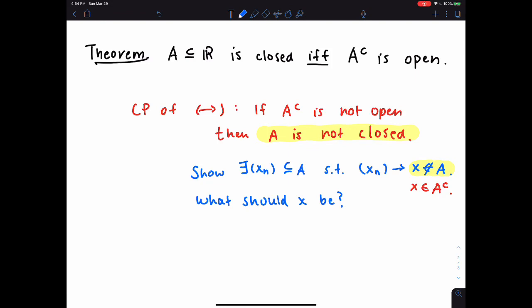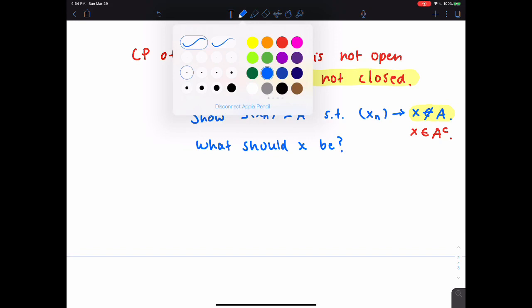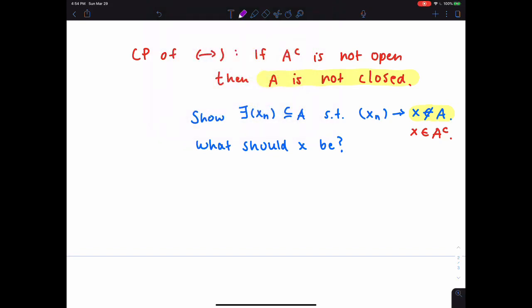So we go and we look at our assumption. And our assumption says that A complement is not open. So we know A complement is not open.